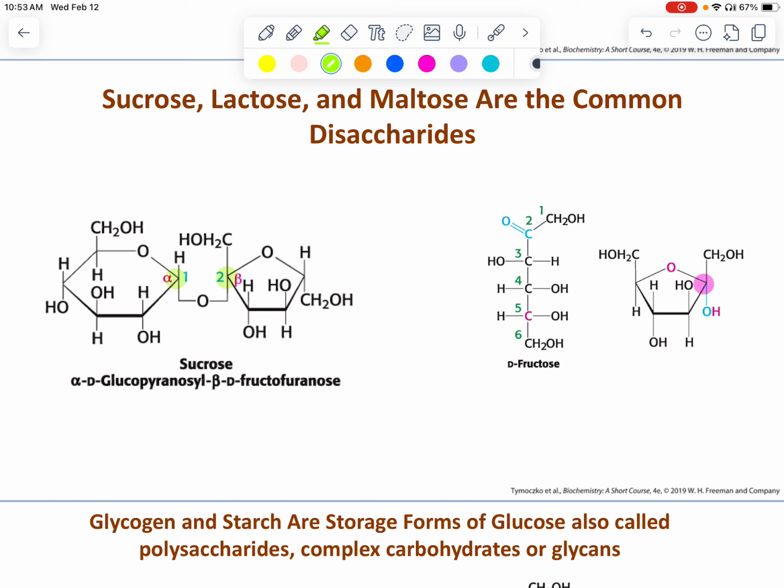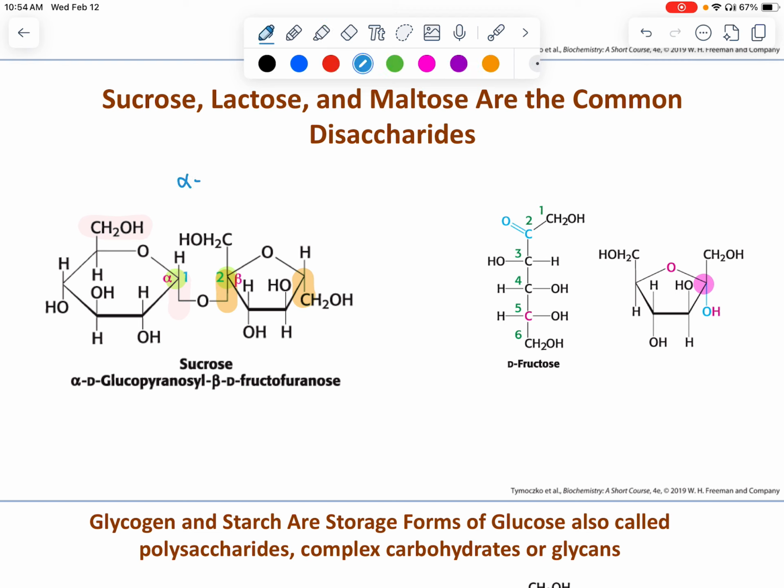As I look at whether these are alpha or beta, for the glucose, our OH was going down as compared to that group. For the fructose, our H is going down, but that group too, because we flipped it. So the one on the left was alpha, right?